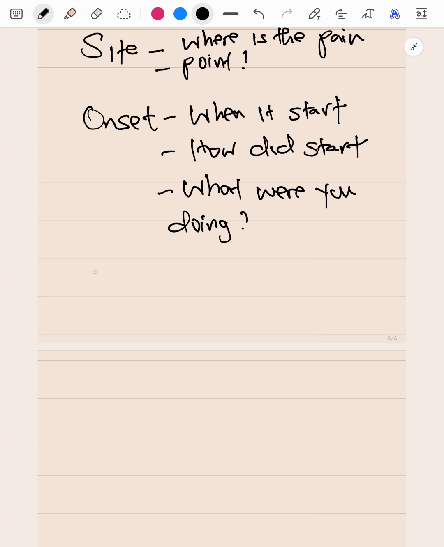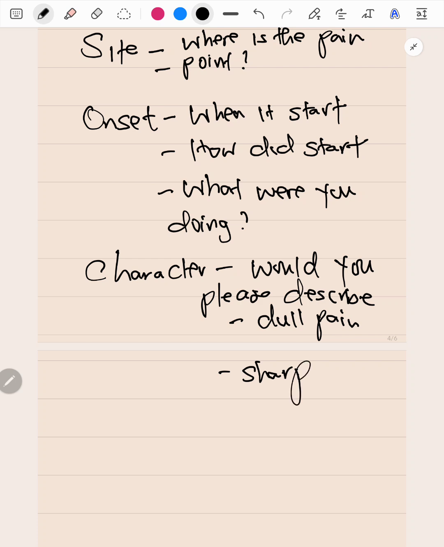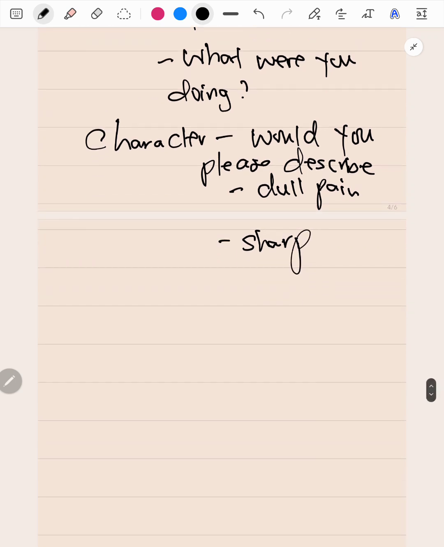So site, onset, we go to character. You ask the patient, would you please describe for me your pain? They are going to tell you, oh, it is dull pain, or it is sharp pain. Or they can tell you, I feel like something is constricting my chest. Then you know this is constrictive chest pain, most likely myocardial infarction.